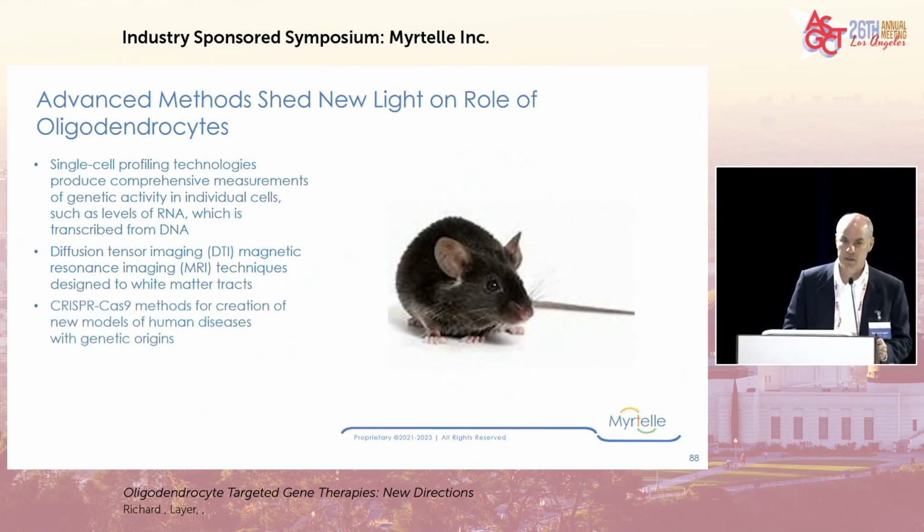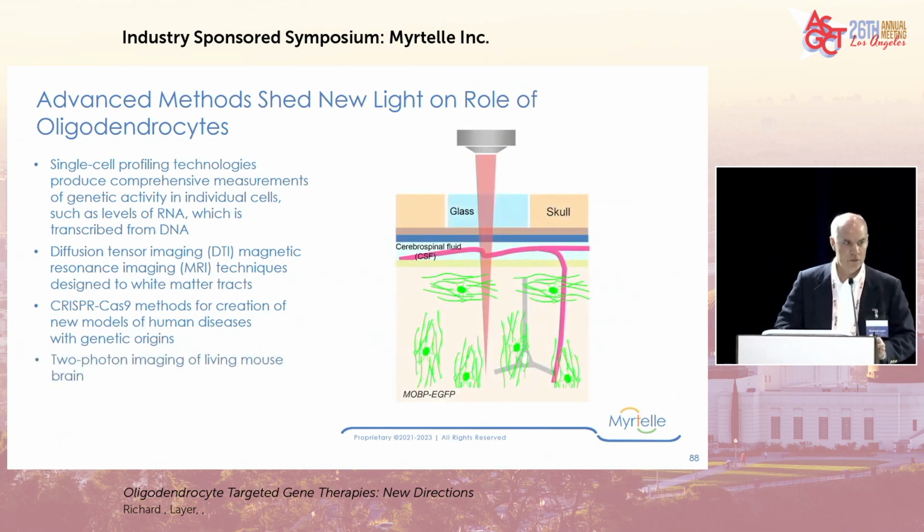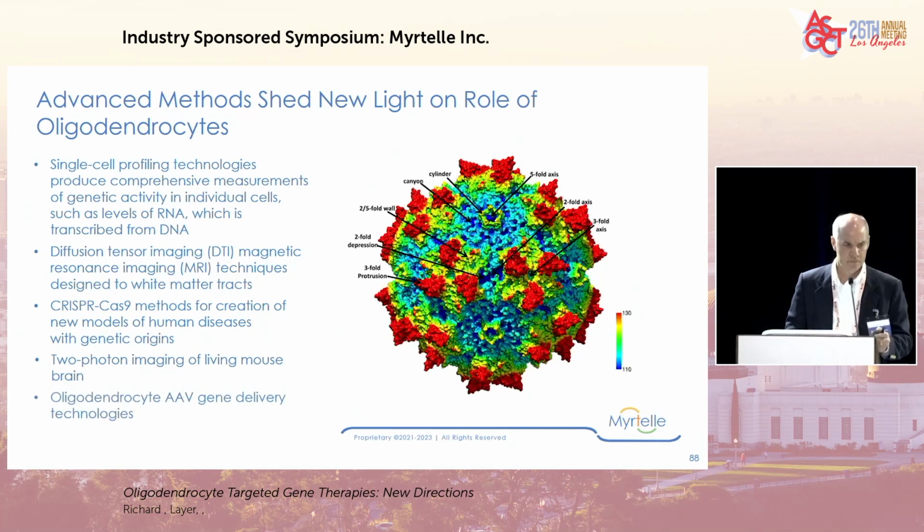CRISPR-Cas9 gene editing systems enable the creation of new animal models of human genetic diseases. Two-photon microscopy, as Ethan showed, enables the imaging of fluorescently labeled cells in the living brain. Finally, the use of oligodendrocyte-specific promoters, or AAV capsids like oligo-01, enable the targeted delivery of genetic cargoes to oligodendrocytes.